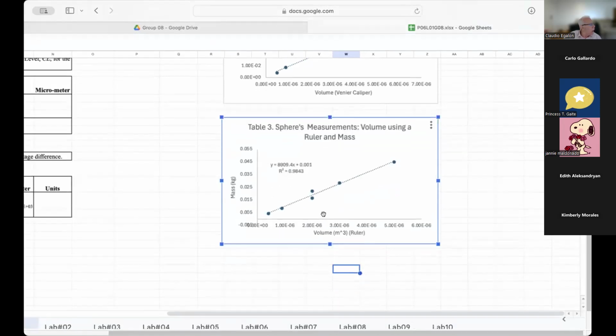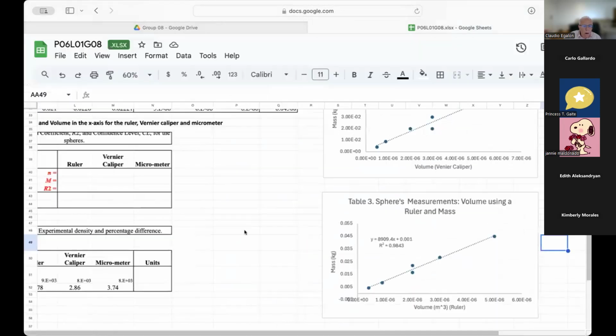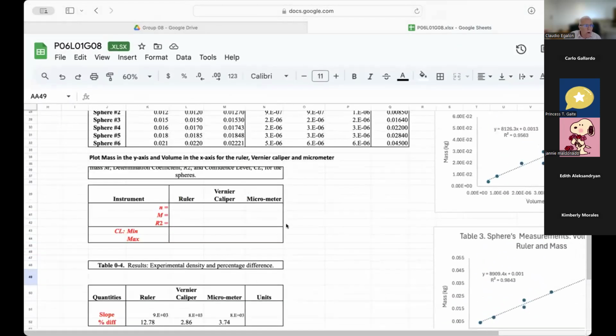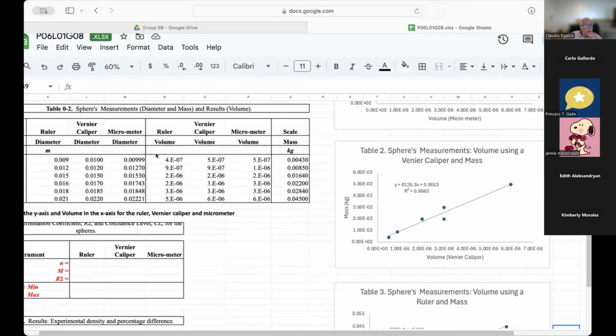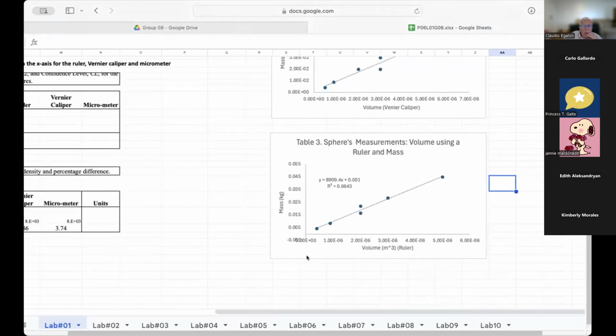I did my graphs on Excel and then I plotted them in here. Oh, it looks like you're using a different program. Are you using Google Sheets? Okay, that's why. It happens with Google Sheets, if you're using that online.